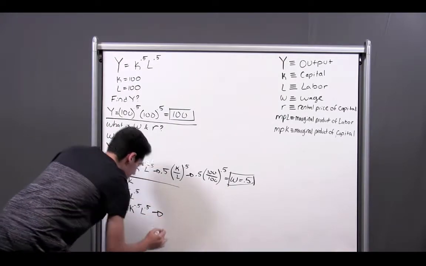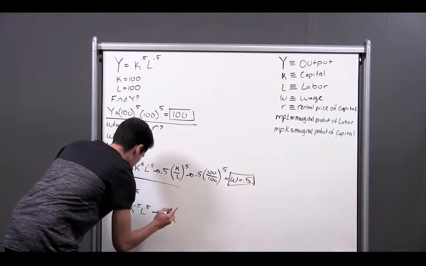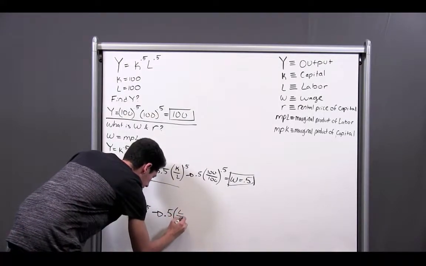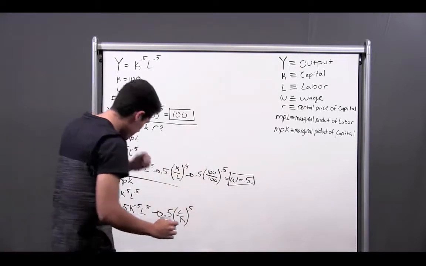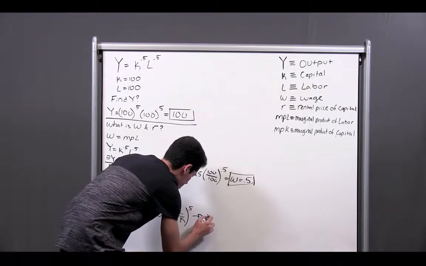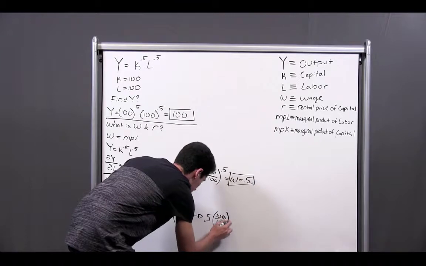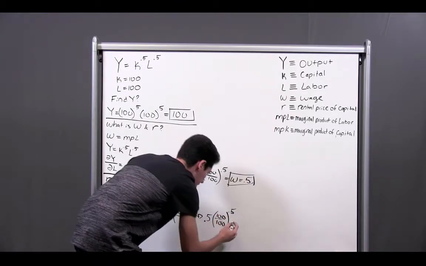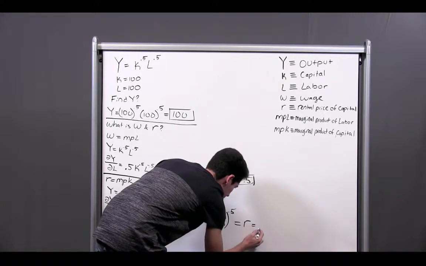Let's transform this into 0.5 L over K to the 0.5, because it is equivalent. We will plug in our values, and we'll find that the rental price of capital is also 0.5.